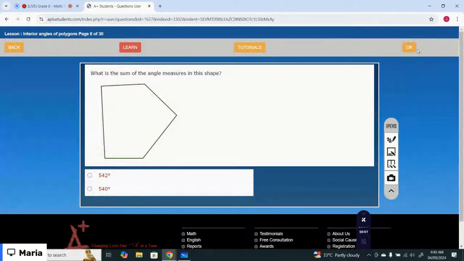What is the sum of the angle measured in this shape? That is 540 degrees.